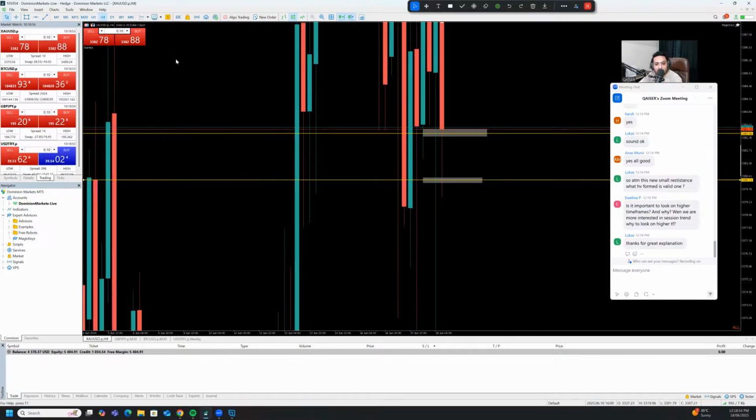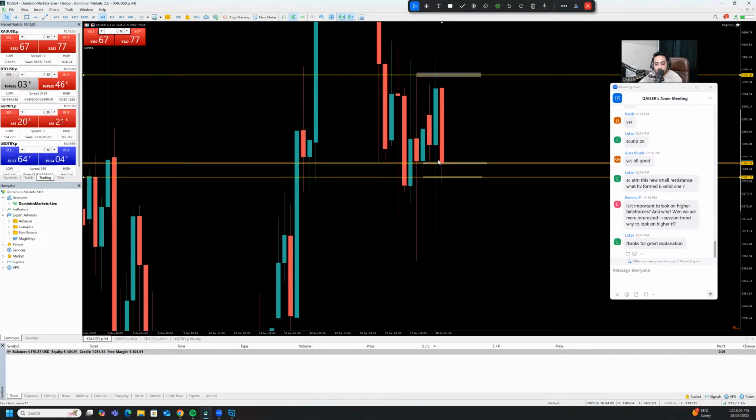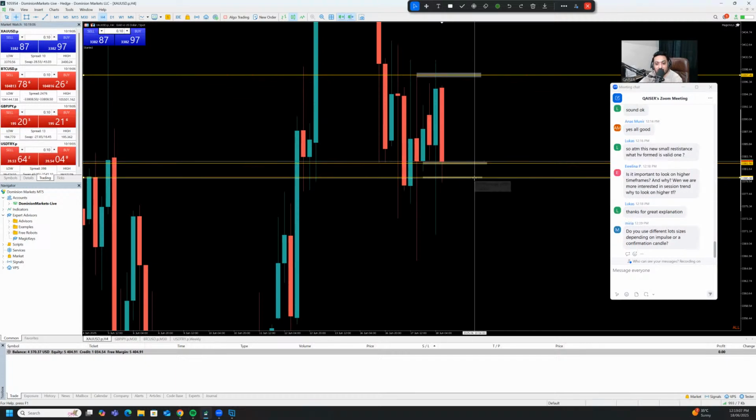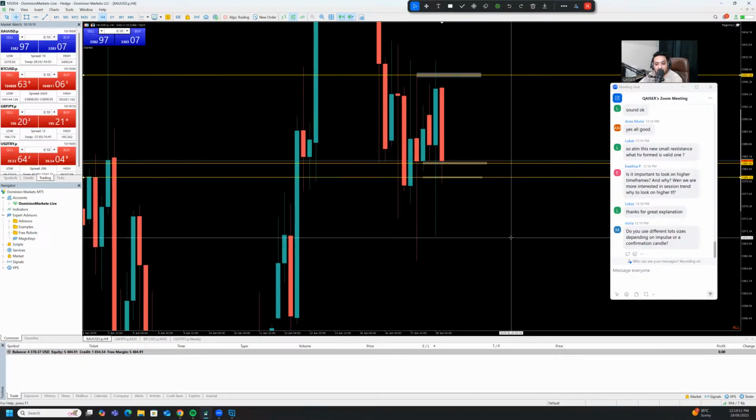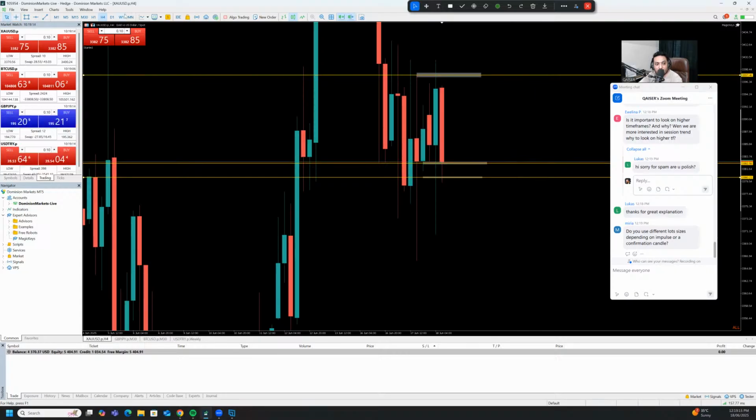But on the higher time frame H4, you can see it's doing consolidation. So if you're looking at the higher time frame right now, you're not going to take any trade, because it's clearly showing a consolidation. But this consolidation is more than 250 pips. So the lower time frame will give us some chunks easily.